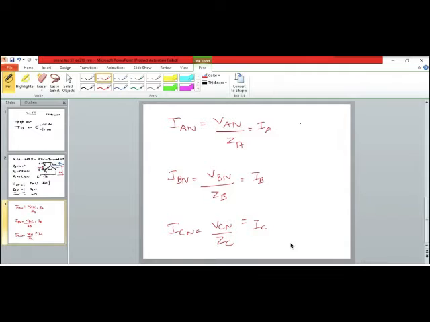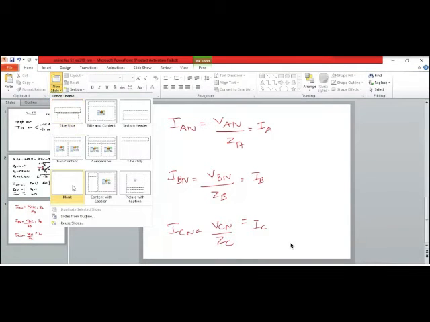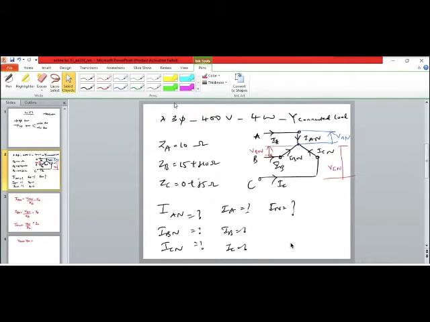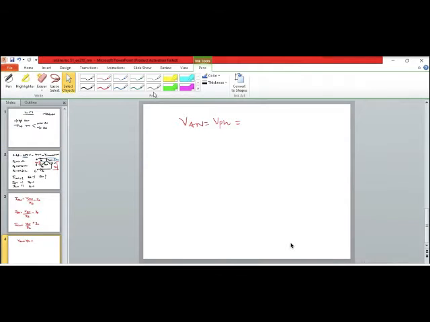So what are VAN, VBN, VCN? VAN is the phase voltage. How to find the phase voltage when you are given the line voltage? 400 volts is the line voltage.